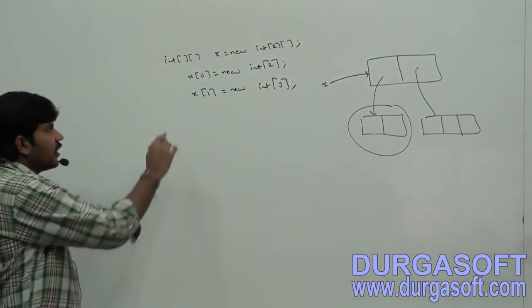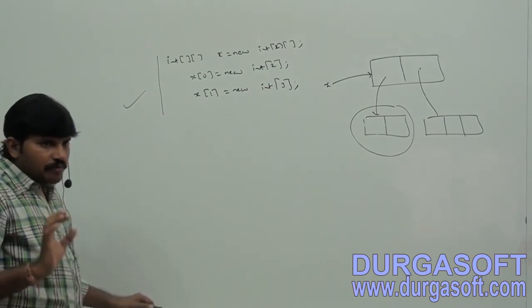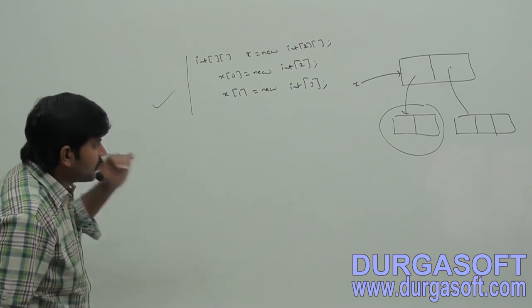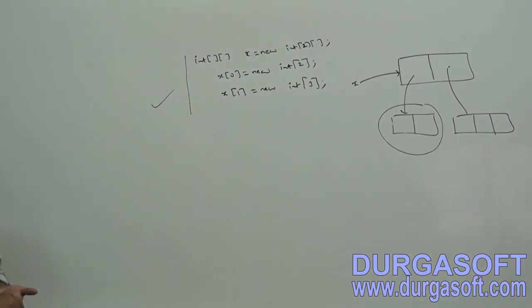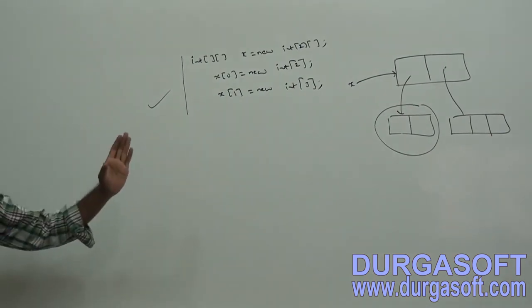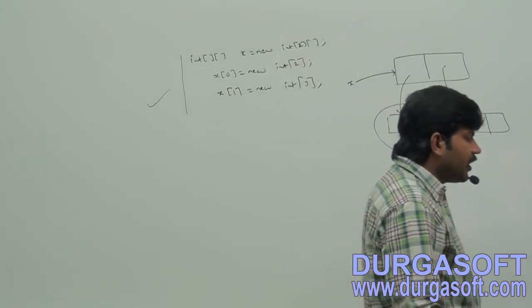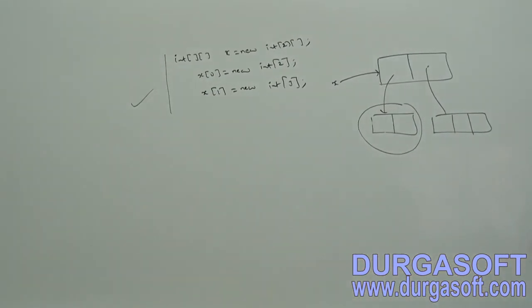Any explanation required? Make sure you people have clarity, right? So add example 1: memory structure and corresponding Java code. At least the base size we have to specify. The remaining sizes are not required to specify.